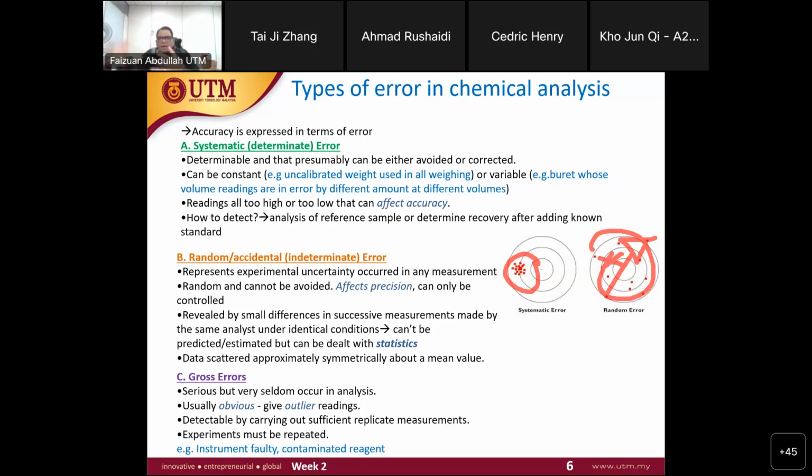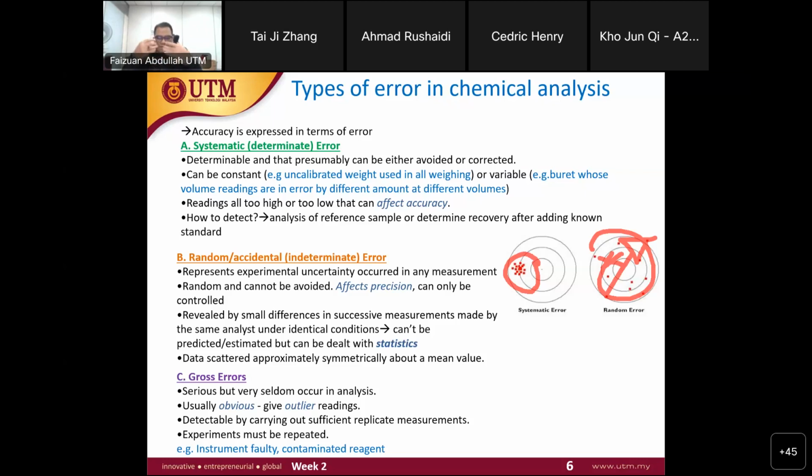All right, now, systematic error is about uncalibrated instruments, right? Mostly about uncalibrated apparatus. That may cause the systematic error. It can be determined, okay? And then we have a random or accidental error. This one we cannot determine, but we can know through the statistic.